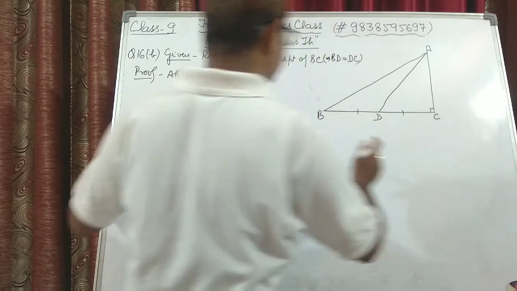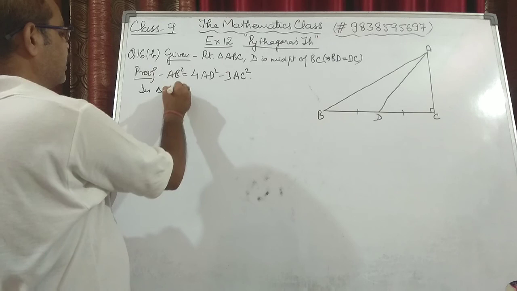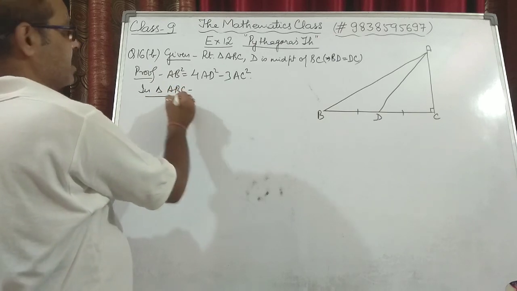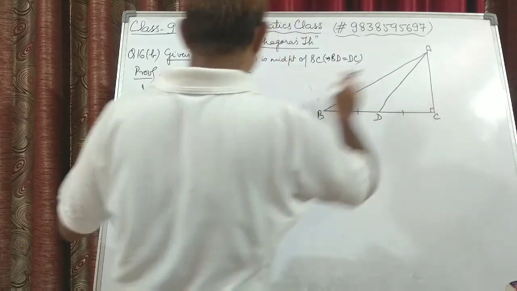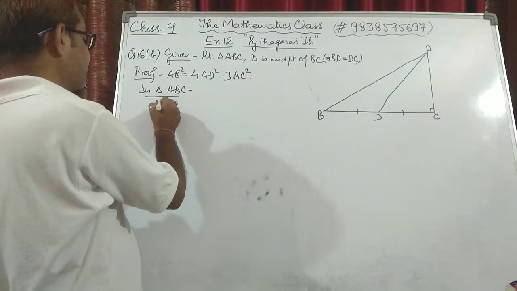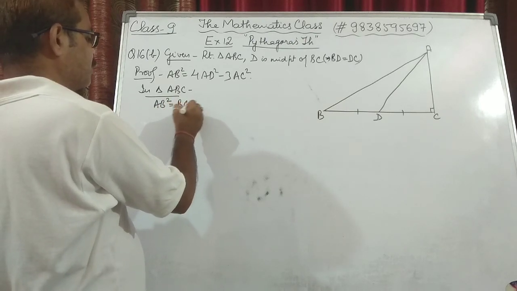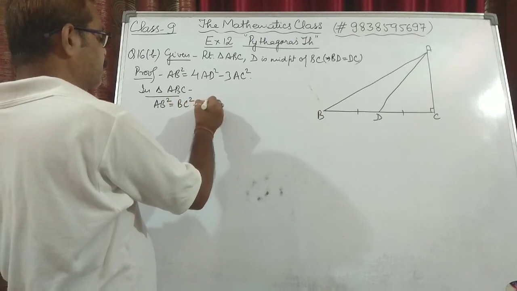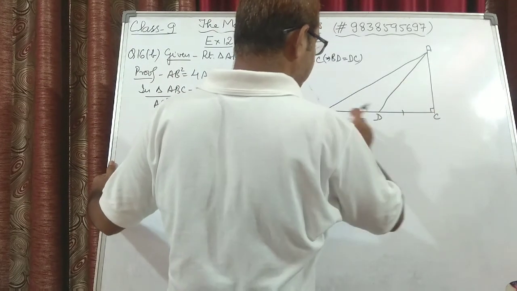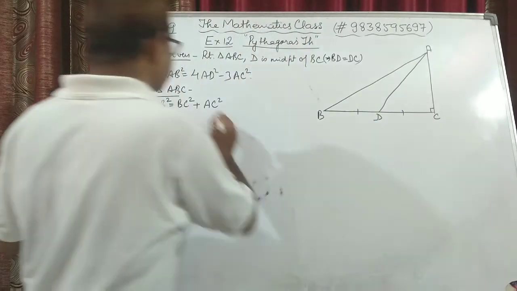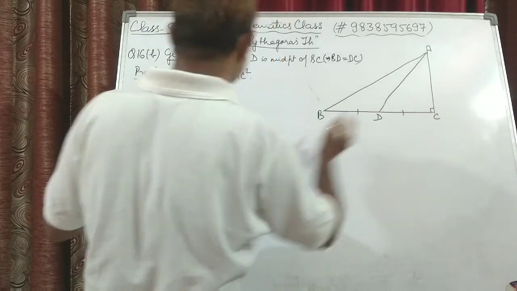Now first of all, if we take triangle ABC, so we can say in triangle ABC, again you can see that opposite to angle C is AB, so we can say that AB square is equal to BC square plus AC square. But BC can be written as, since D is the midpoint, 2 times of DC.